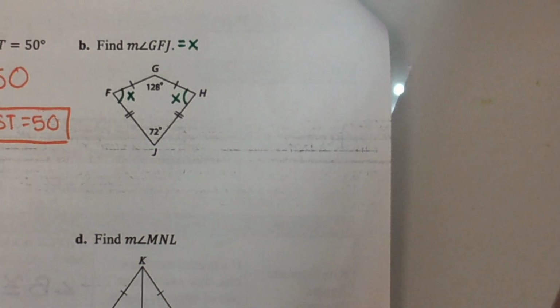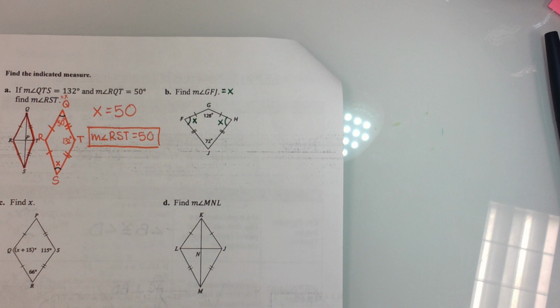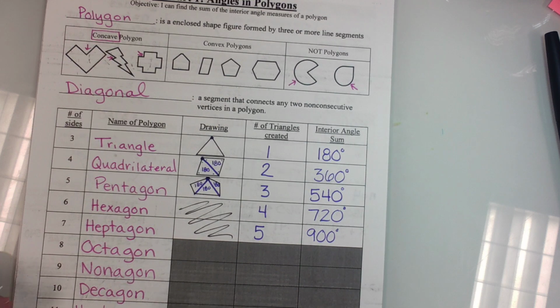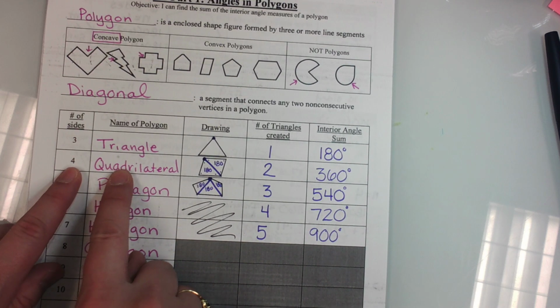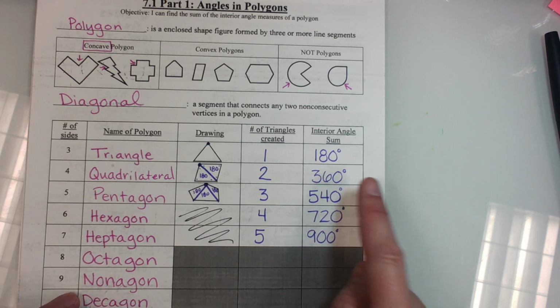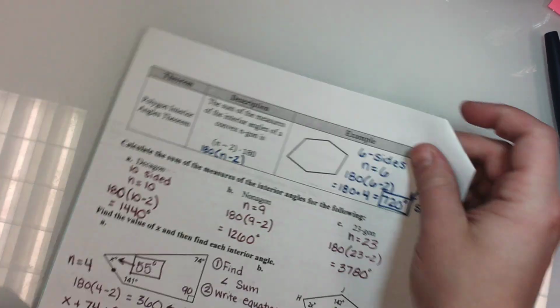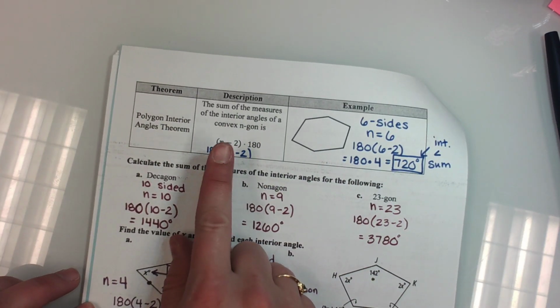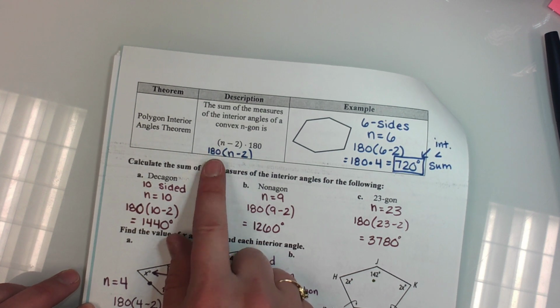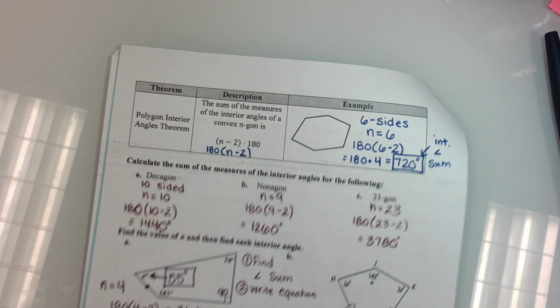Well, a quadrilateral is a polygon. A quadrilateral has 4 sides. Its interior angles add up to 360. How do we know that? Technically, using this formula from forever ago: 180 times 4 minus 2 gives us 360.